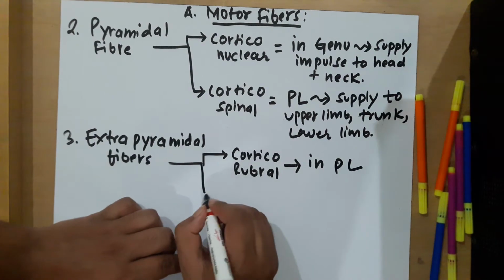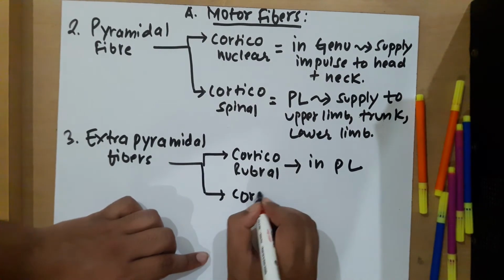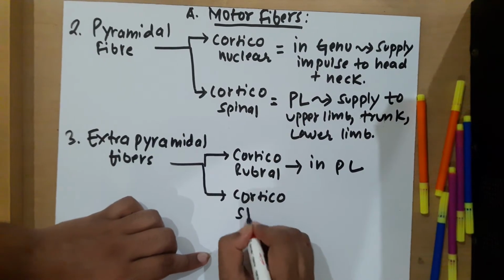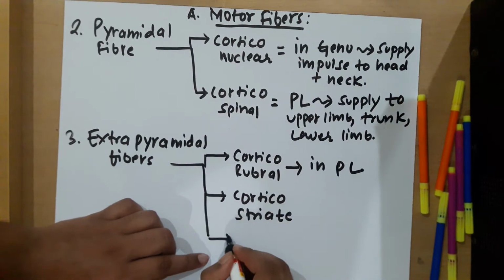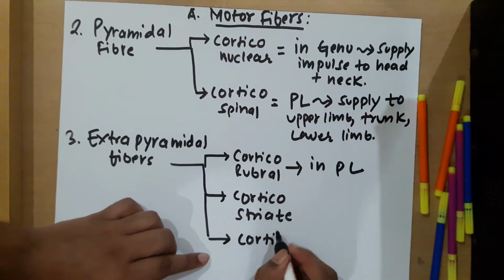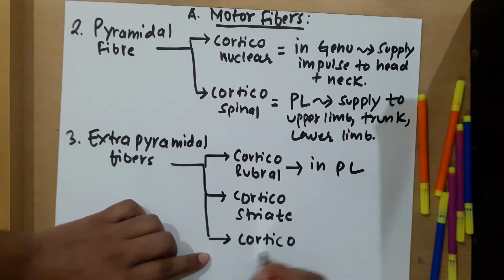Then we have corticostriate, and the other one is corticonigral.